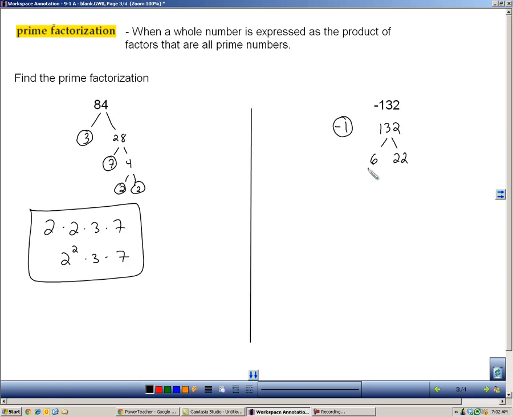Neither of those are prime, so we'll break 6 up into 3 times 2. Both of those are prime, so we circle them. 2 times 11, and both of those are prime. So now when we list all the prime factors, make sure you include negative 1. Negative 1 times 2 times 2 times 3 times 11, or you could say negative 1 times 2 squared times 3 times 11.